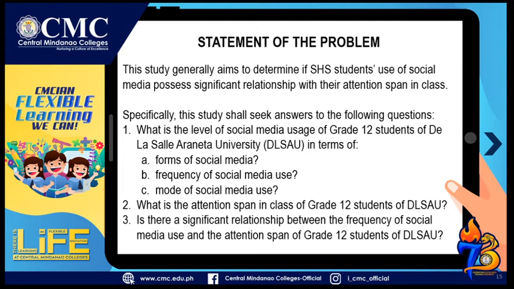So in this presentation, naipakita ko sa inyo kung paano gumawa ng statement of the problem. Always take note that the statement of the problem is the section that contains our purpose statement and our research questions.